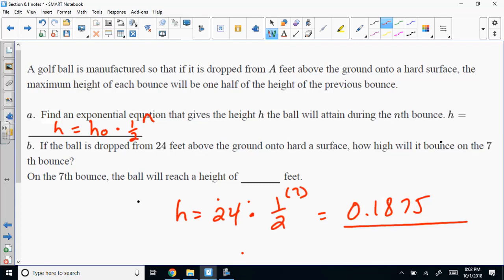Sorry. You're correct. So 3/16, right? Okay. Any questions?